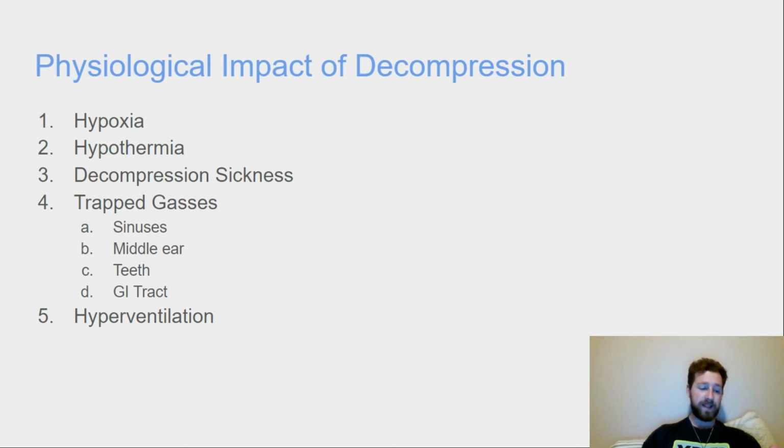Hypoxia is a state of oxygen deficiency in the blood, tissues, cells, sufficient to cause an impairment of body functions, and that's how the FAA defines it. 20% of the oxygen we breathe in goes to the brain. So if we have less oxygen coming in as a whole, the first thing that's going to go is going to be our judgment. If our brain isn't getting as much oxygen as it needs, it's going to be very difficult to make decisions. The second one, hypothermia.